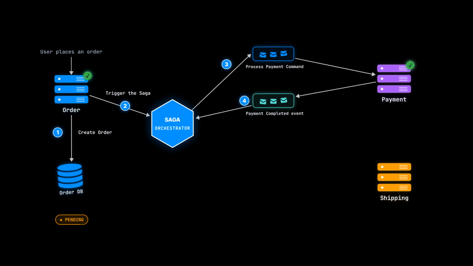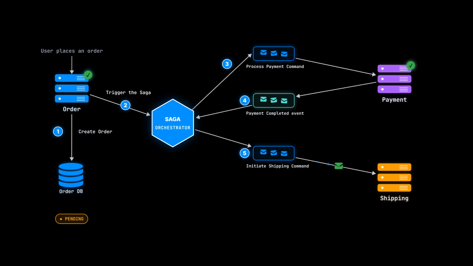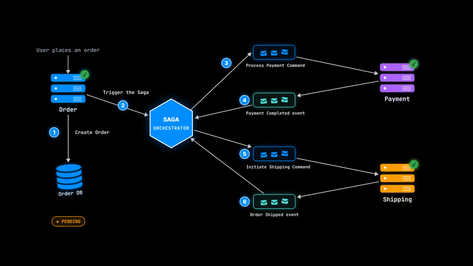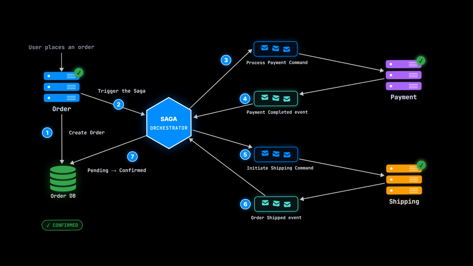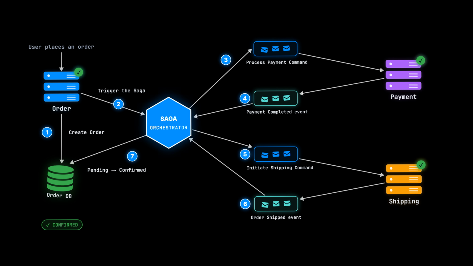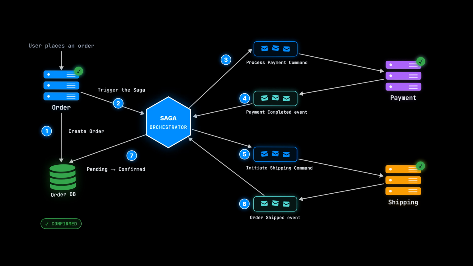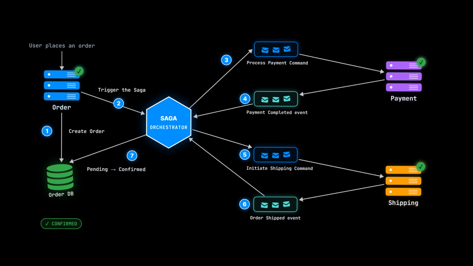Step 5. The orchestrator commands the shipping service to initiate shipping. Shipping is done and sends back an order shipped event. Step 7. The orchestrator simply flips the order status from pending to confirmed, and the saga is complete. One brain, one place, complete control.